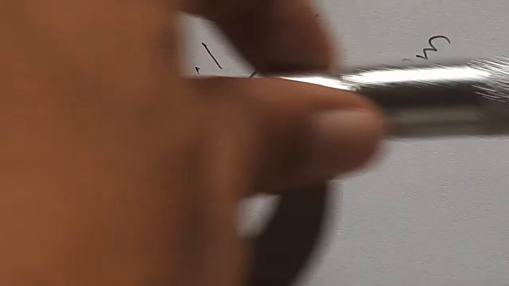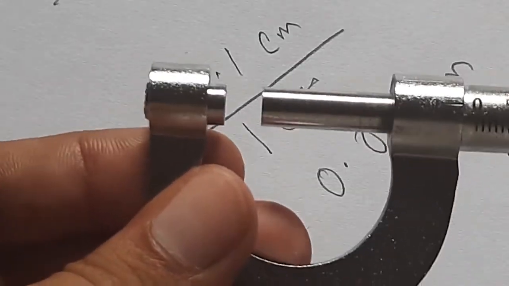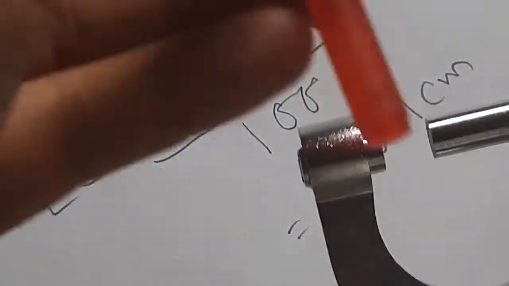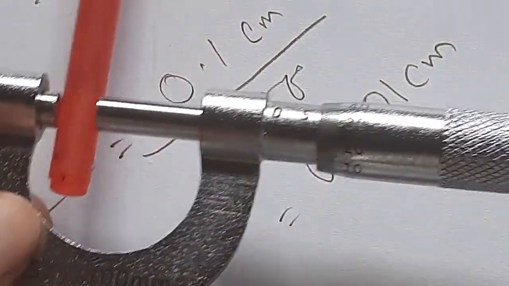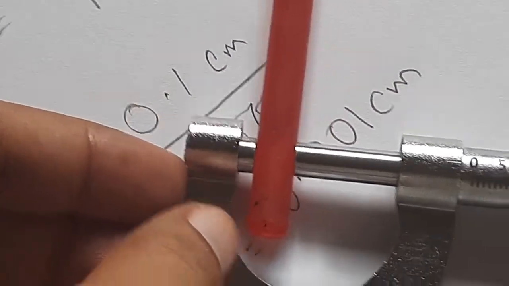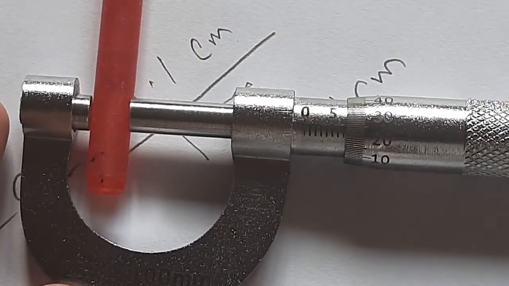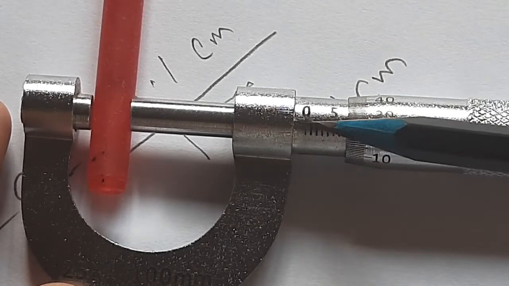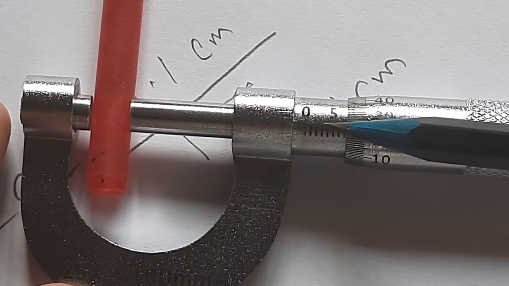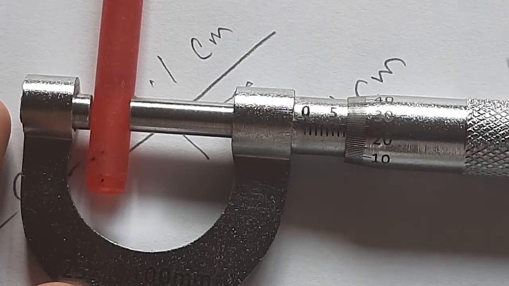Now let's do the practical. Here I want to place this cylinder, and then just move the ratchet. Okay, this setup is done. Now let's see, this scale has moved 1, 2, 3, 4, 5 already written here, and 6, 7.